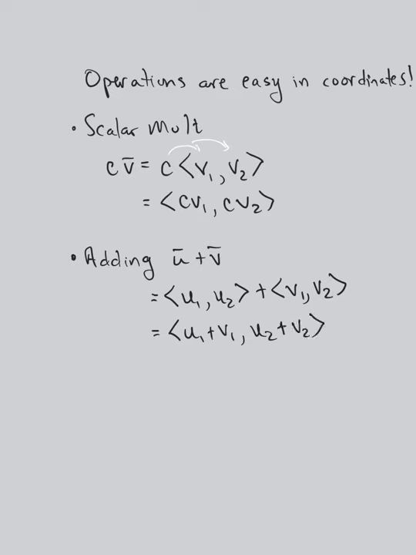Can you think about why that is amazing to me? Think back to that last video. To do u plus v, we had to draw that parallelogram and then go through all that trigonometry to get the length of that vector, and then we had to use law of sines and law of cosines to get angles and put everything back together.